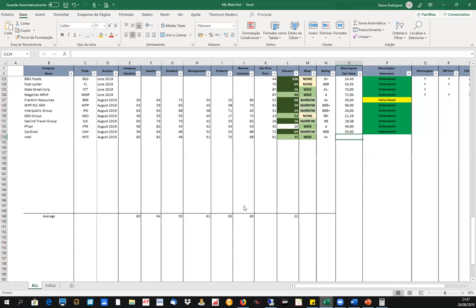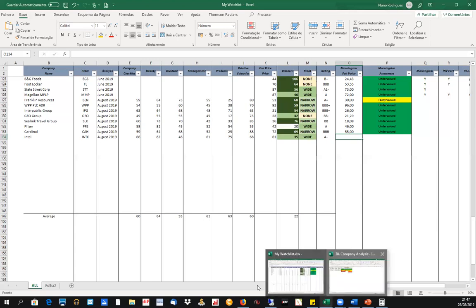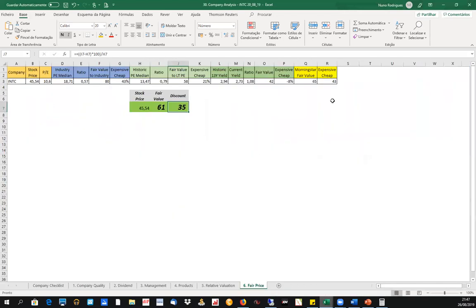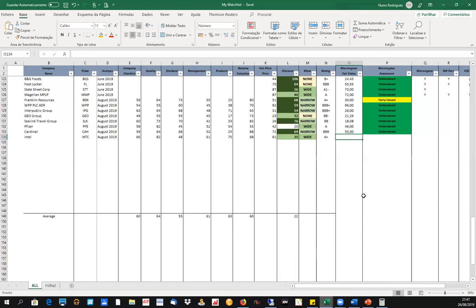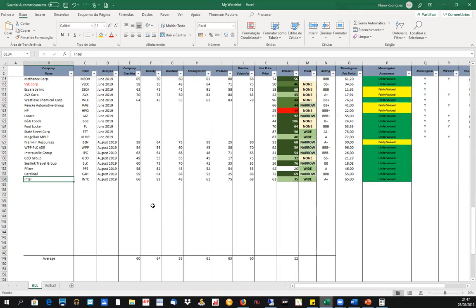So Morningstar fair value is 65. And we know that for Morningstar, the company is undervalued, all right? So it's important for us to build up a watch list, because then we can make decisions.